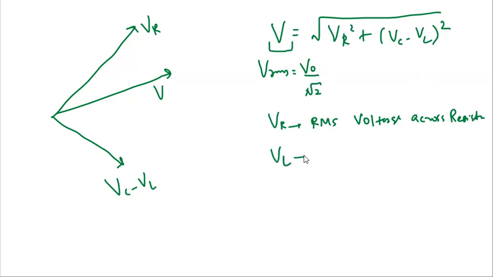Similarly, VL is the RMS voltage across the inductor, and VC is the RMS voltage across the capacitor. V naught is the maximum voltage of the source. So VRMS will be V naught by root 2, and this will be our formula.